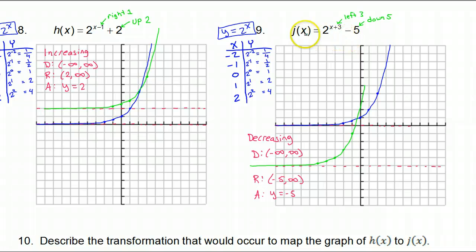But for function j, we went left 3 and down 5. So here's what I think will be the easiest thing for you to do. Let's keep our eye on one point at a time and see what the difference is. Here's what I mean.